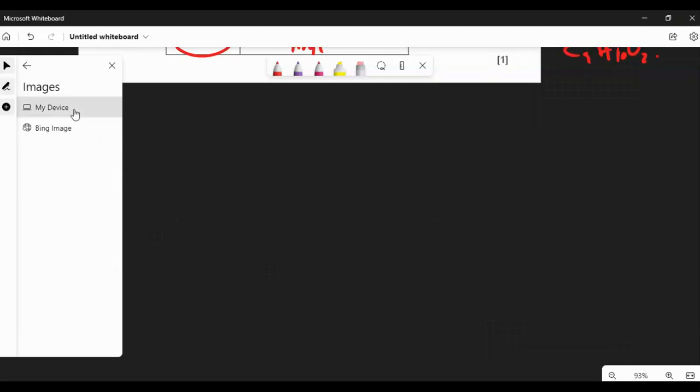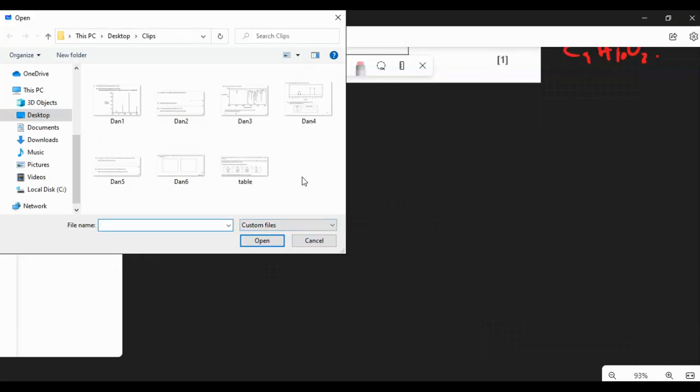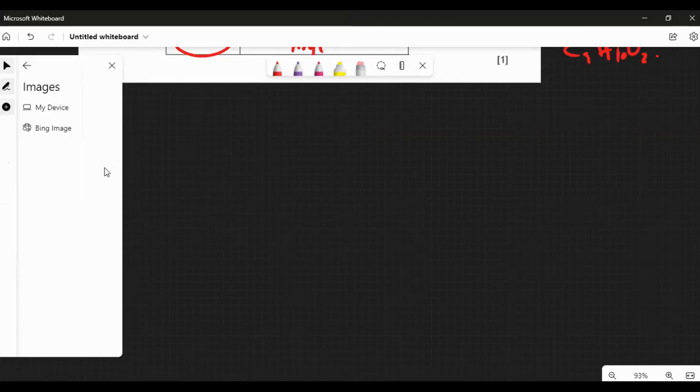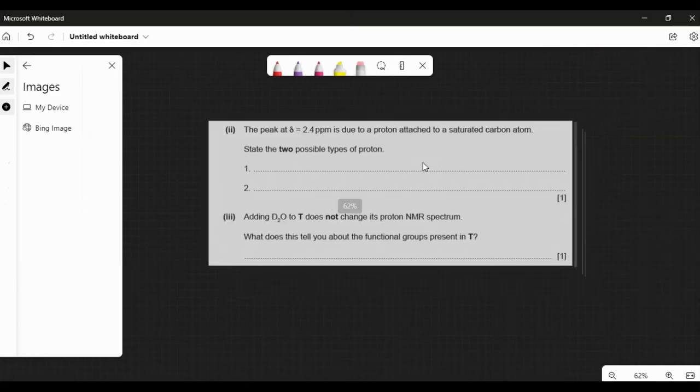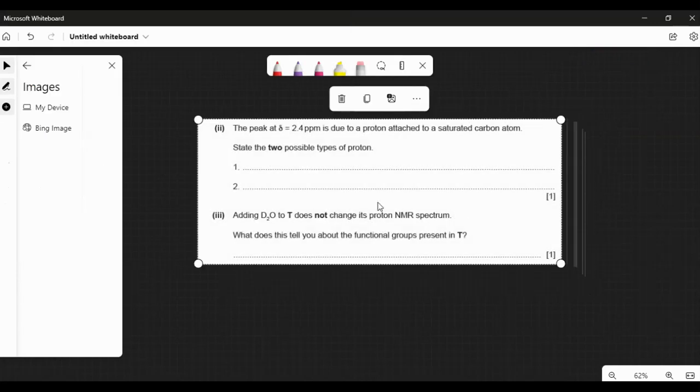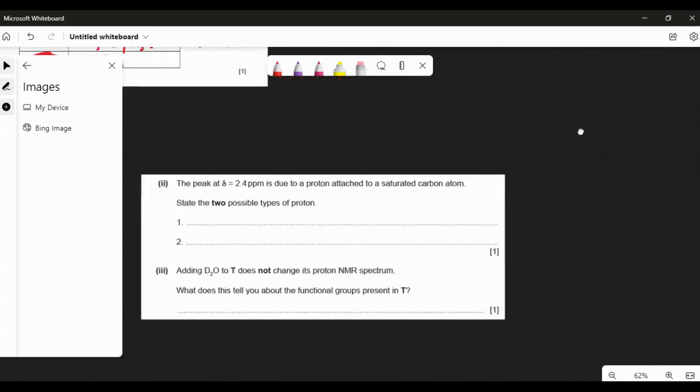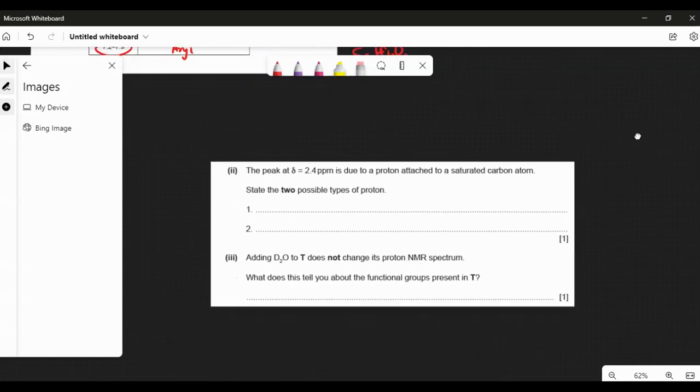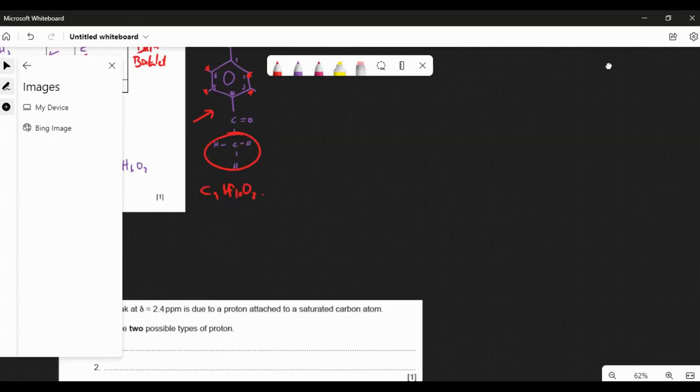So this one's quite a long question, isn't it? Which one have I got now? Is it that one? Yeah, I think it's this one. The peak at 2.4 is due to a proton attached to a saturated carbon atom. State 2 possible types of proton. Oh, this is interesting. So let's have a go at my picture again. I think I've got it wrong.